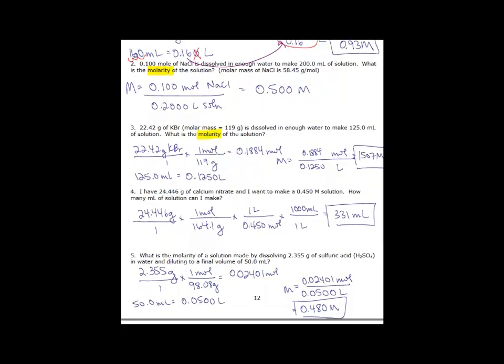So you have to convert grams to moles and then plug that in here. I didn't mean to use a highlighter, but I did. And then you also have to convert milliliters to liters, and plug that in here. So you can have 4 sig figs, so your answer comes out to be 1.507 molar.